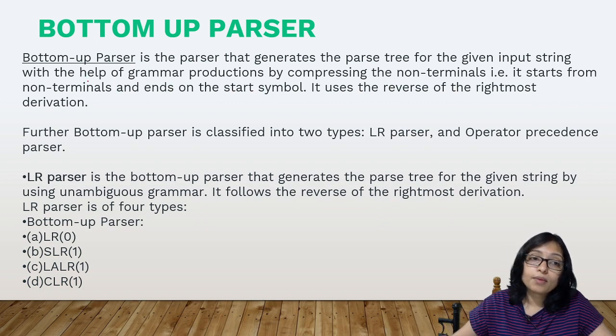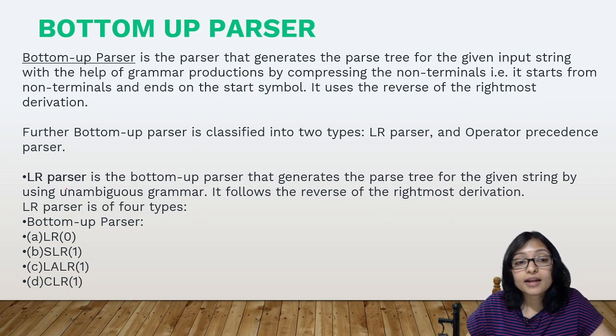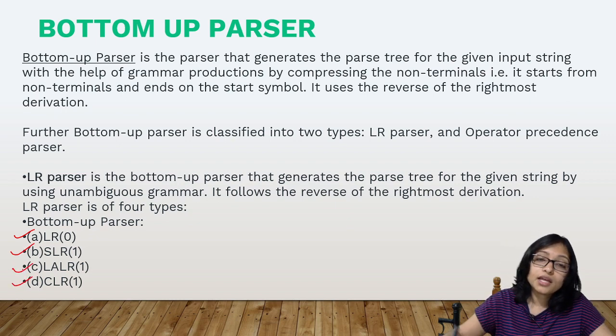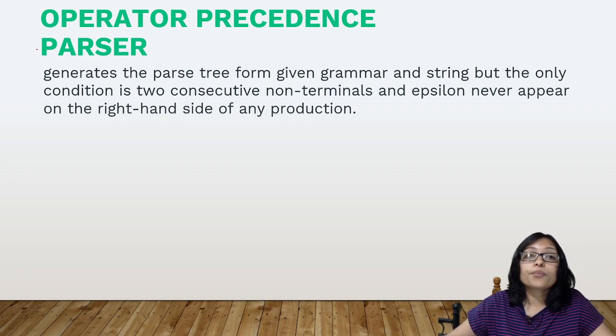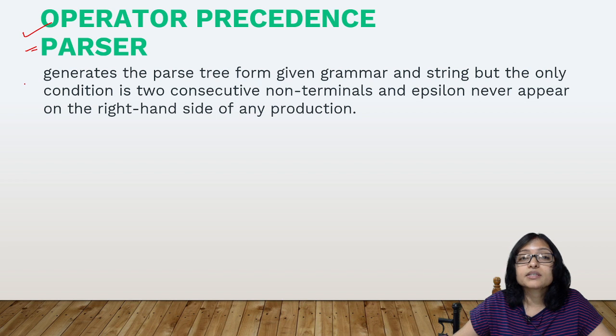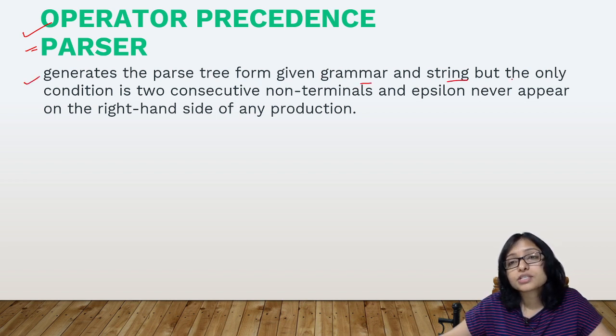Now, in the bottom-up parser, there is LR. Under LR, there are LR0, SLR, LALR and CLR. Right? Now, here is the operator precedence parser. Operator precedence generates the parse tree from the given grammar and string.